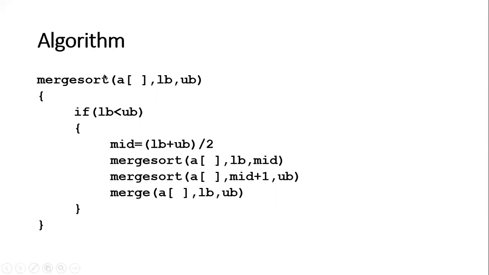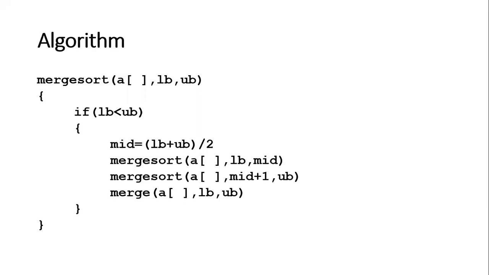If lower bound is less than upper bound, that is, until we reach the single element per array condition, the lower bound will be less than the upper bound. But when it is a single element, then the lower bound becomes equal to the upper bound.